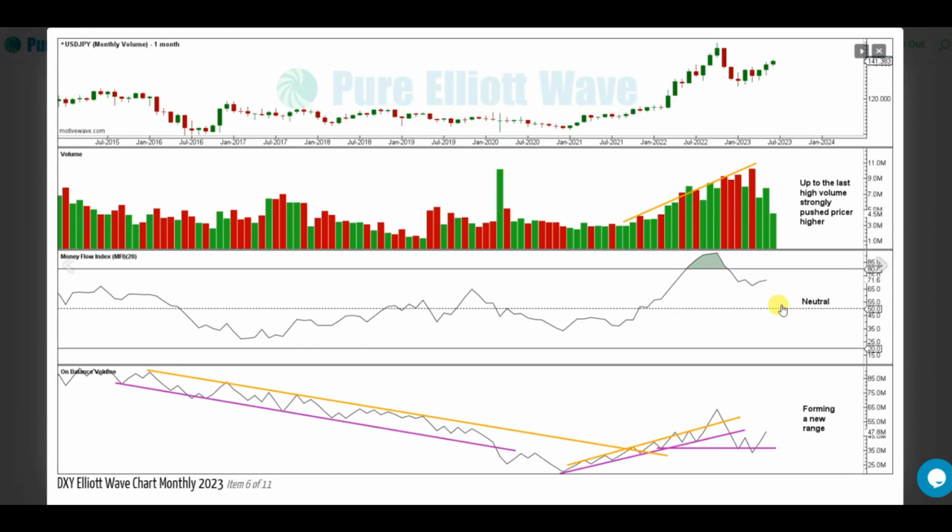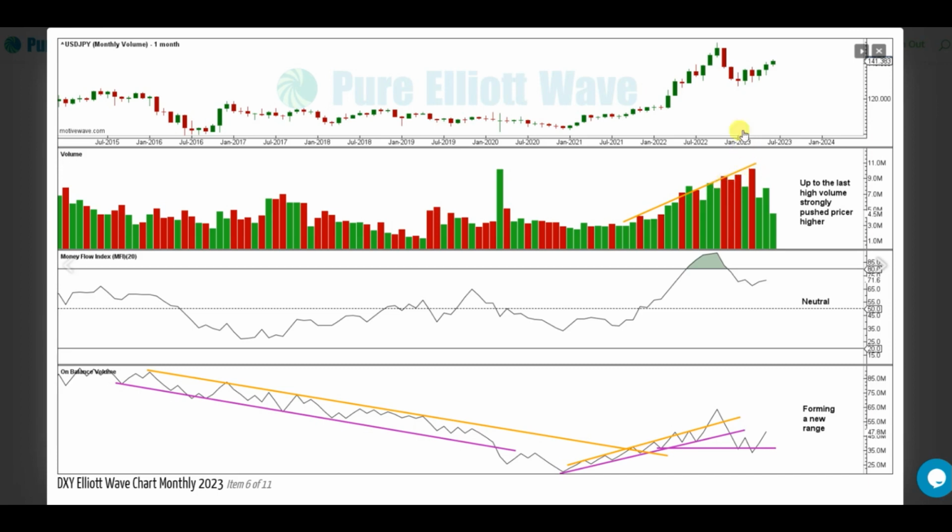This is the monthly chart for the volume data. We keep our volume data and our other indicators separate because stock charts doesn't give us volume data for this currency pair. You can see with this ginormous bull move, we had increasing volume towards the top, then we topped out, and since that top, we actually had even more volume on the downward moves, which is a sign of strength on the bear side.